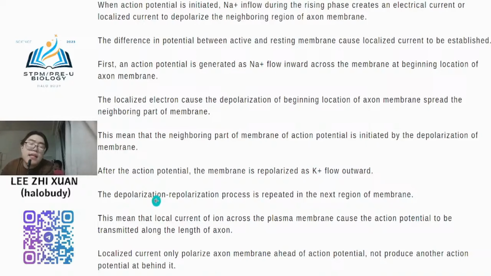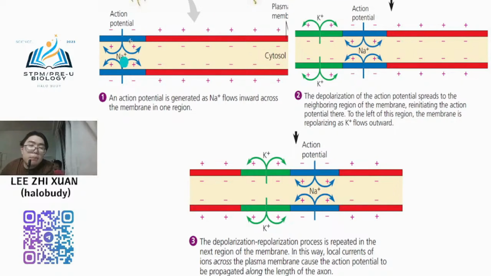I repeat again, when the action potential is triggered, depolarization is triggered, right? And then this depolarization process will trigger the localized current. So it will start to initiate the B region to trigger the action potential. Starting only, but not triggered yet.